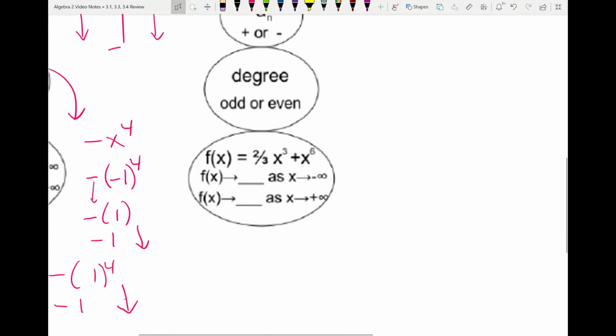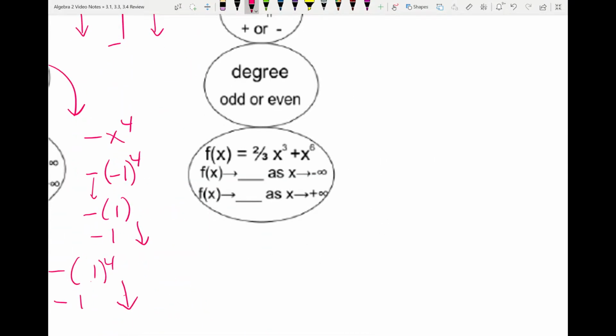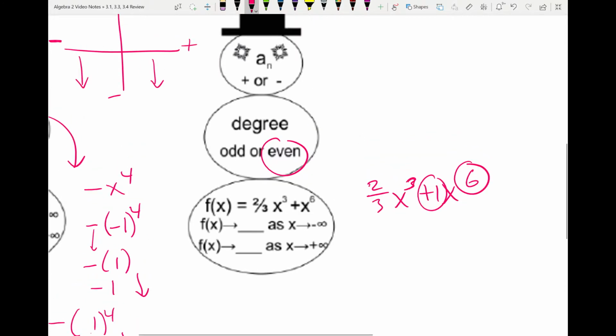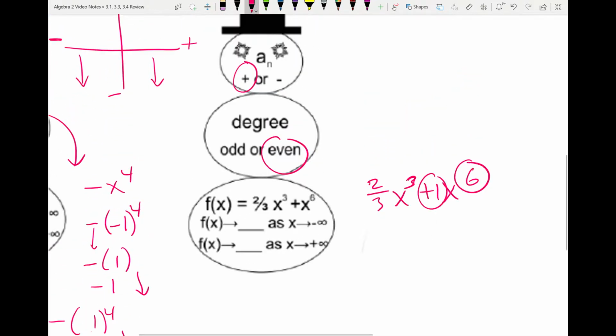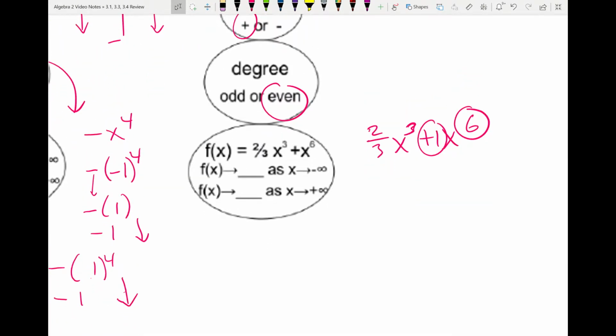All right, last one. So we have 2/3 x to the 3rd plus x to the 6th. So it's even for the highest power, and +1. So it's positive for the leading coefficient. So now let's focus on just the highest power term.